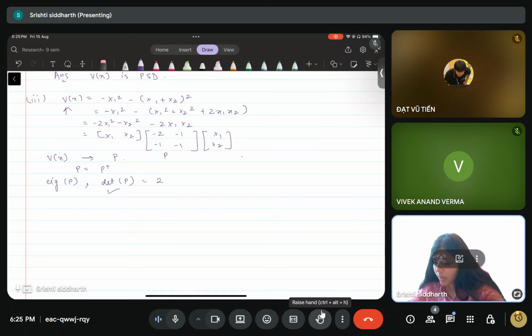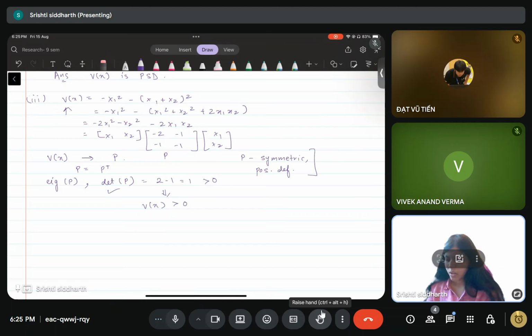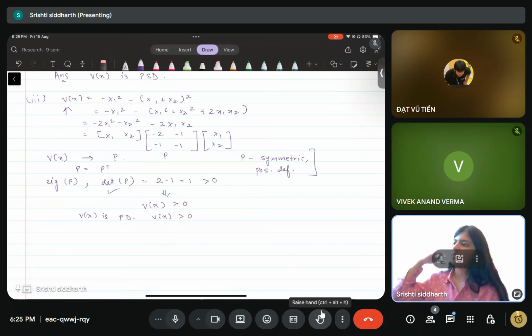So the determinant is 2 minus 1, which implies that V(x) is positive definite.